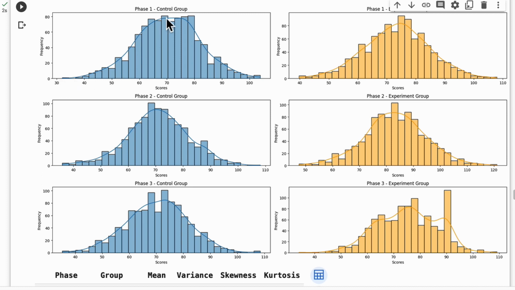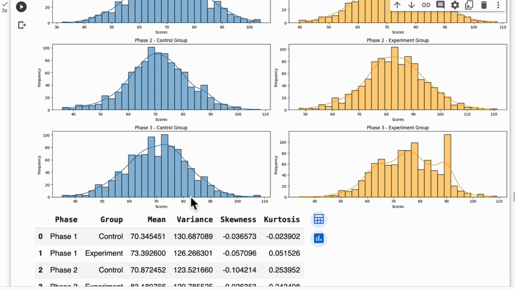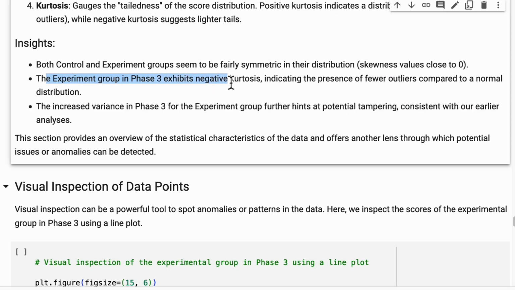From the distribution study, it looks like this roughly follows the Gaussian distribution, except that there's some artificially inserted 90 here. So you may wonder, maybe I want to have another visual on that particular group, right? There is negative kurtosis indicating the presence of fewer outliers compared to the normal distribution.